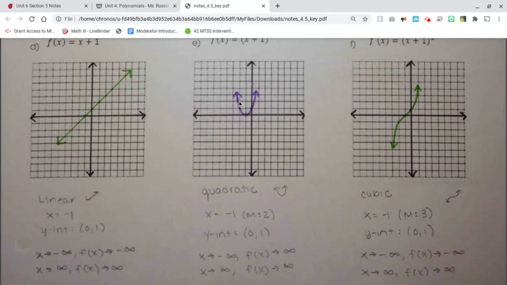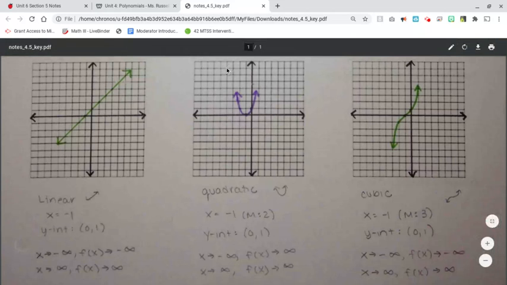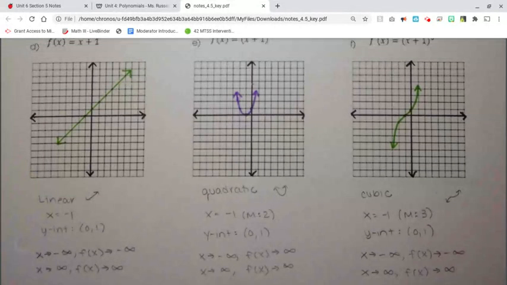The end behavior as x goes to the left, so as x goes to negative infinity, y is going up to infinity. And as x goes to the right to positive infinity, y is also going up to infinity in both. The last one here, F, is a cubic function. You can see it crosses at -1, and that gives you a multiplicity of 3, meaning every function has to have, whatever its degree is, that many zeros.